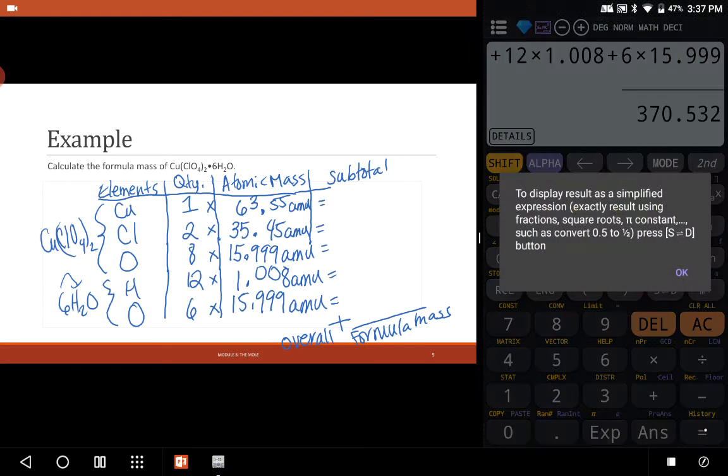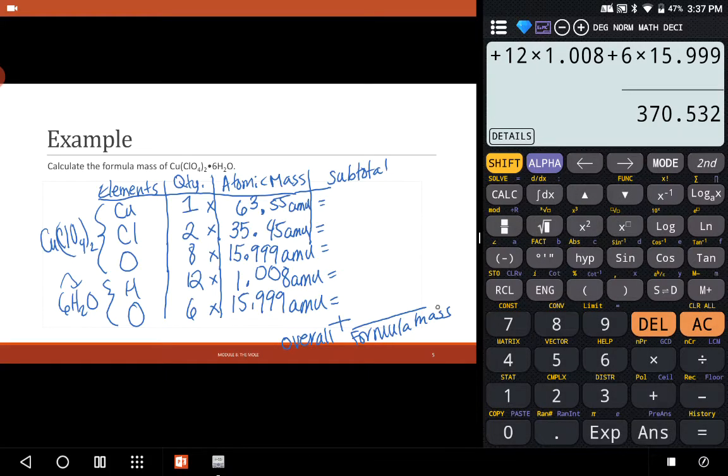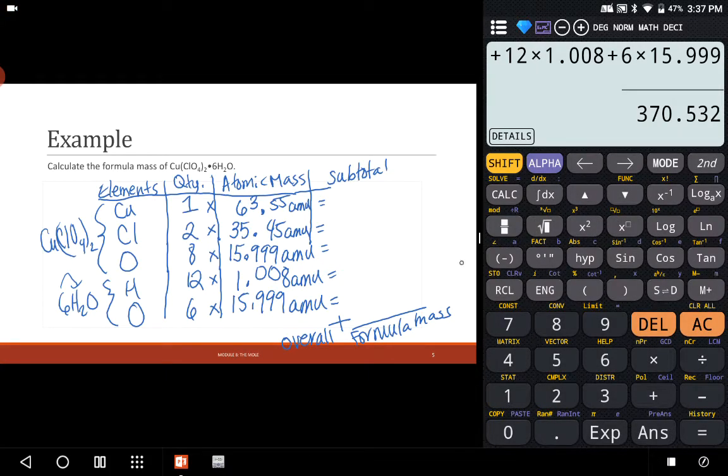And then I can hit enter. Coming back into the PowerPoint, the overall mass of everything is 370.532 AMU.